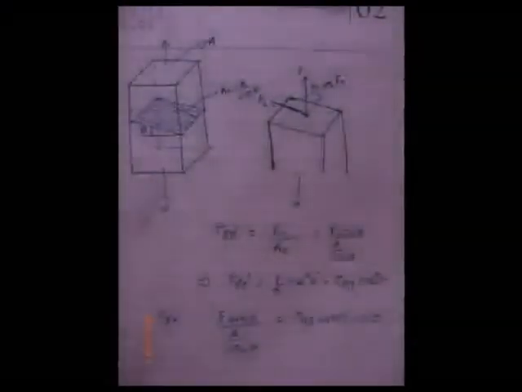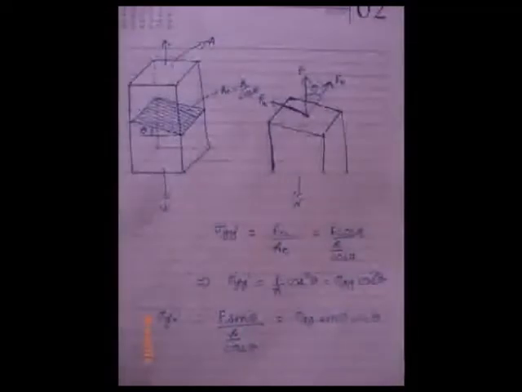For example, we have this cuboidal body, and we have this force acting on it upwards and downwards, and then we slice it across the cross section, making an angle theta with the horizontal. So now we have a plane which is inclined at an angle theta to the horizontal, with the x-axis.